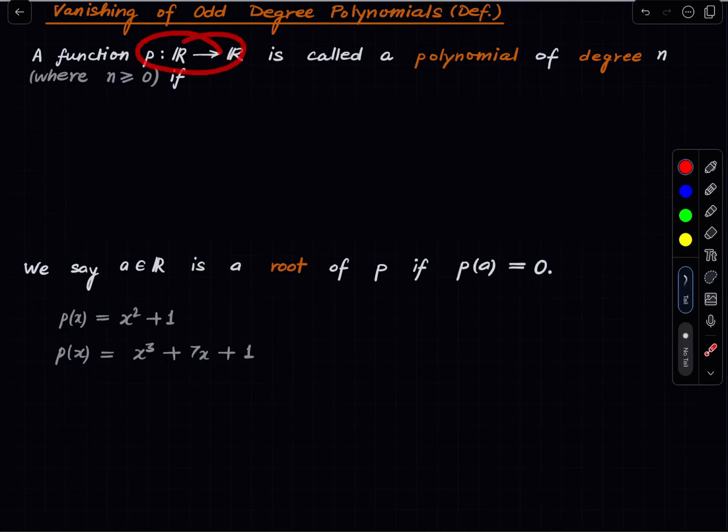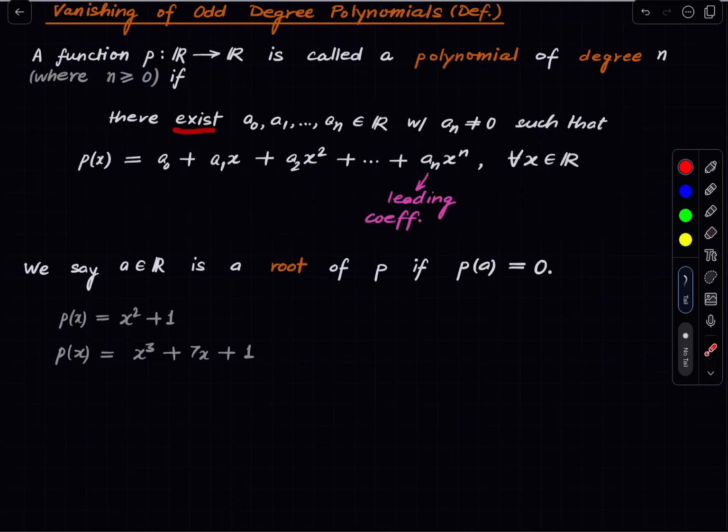A function from reals to reals is called a polynomial of degree n, where n is a non-negative integer, if there exist real numbers a0 up to an, with an non-vanishing, meaning an is a non-zero real number, such that for all x, p(x) is equal to that thing.